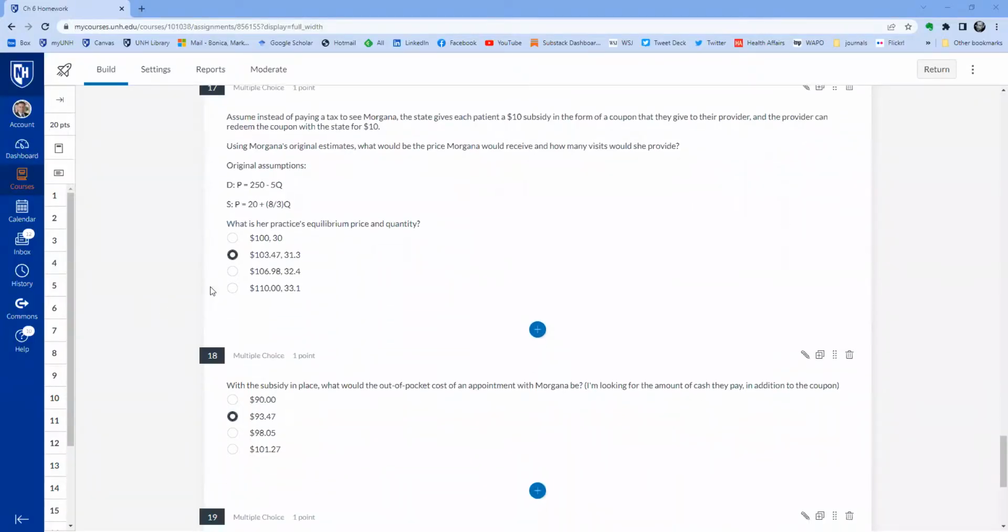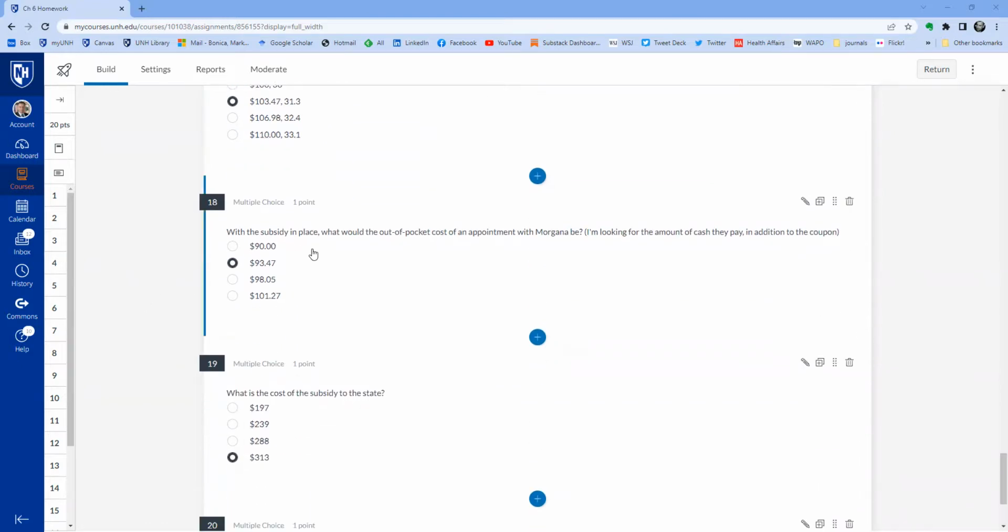Okay, so we came up with the equilibrium price that she's going to receive would be 103.47, and she's going to do 31.3 visits. With the subsidy in place, what would be the out-of-pocket cost of an appointment with Morgana?